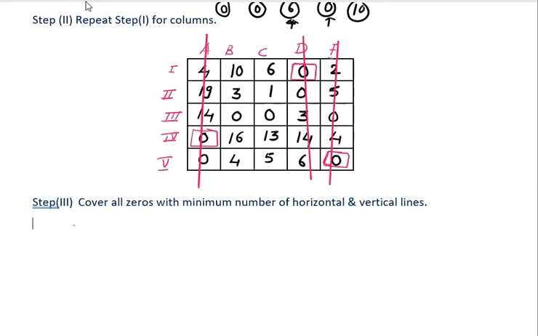Now after the fifth row, we look at the columns. Column number 1, there is an assignment. Column number 2, there is a single zero. So use it for an assignment. When we make an assignment in a column, we have to draw a horizontal line.